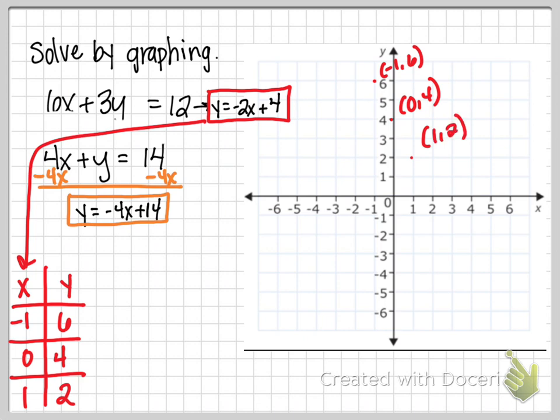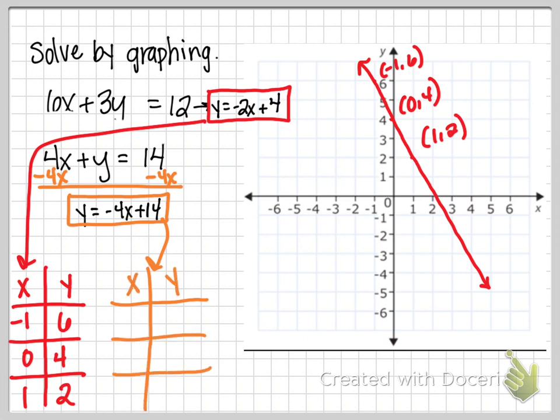So here's our first line, okay, and I'm going to connect my points, something like that. And then if I graph the other line with my function table, we have x, we have y, choose 3 x values.